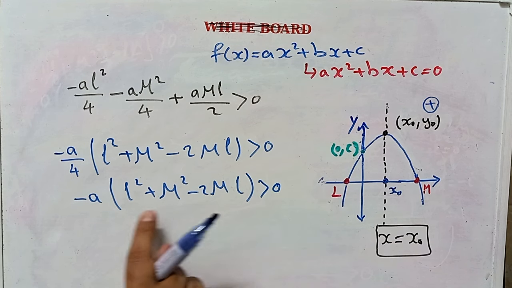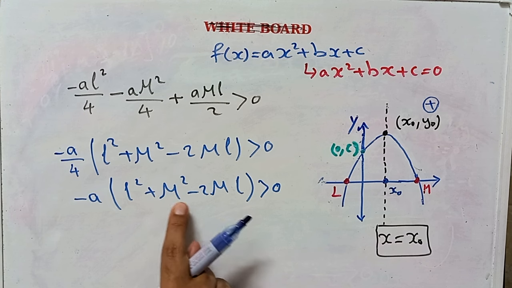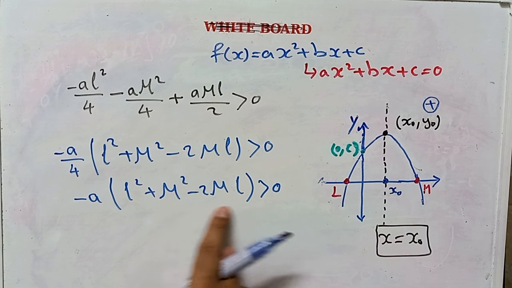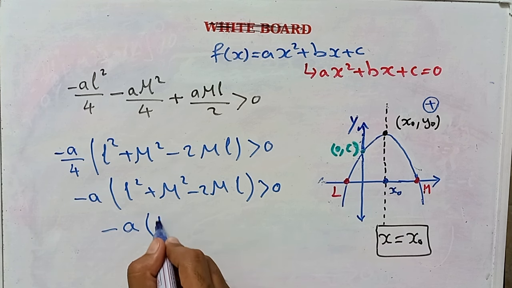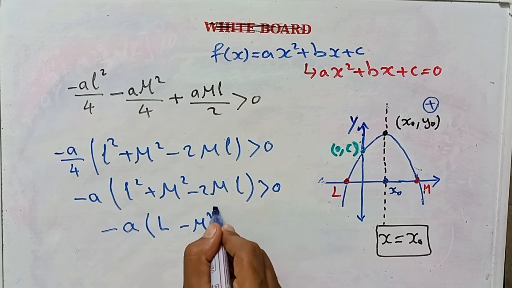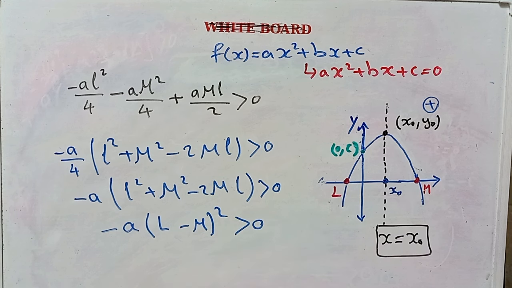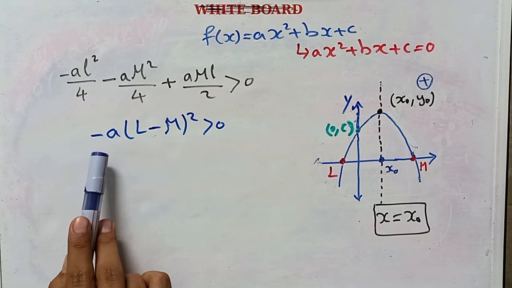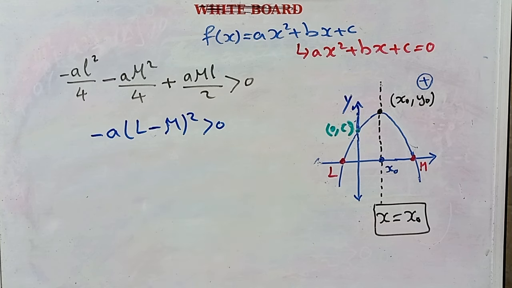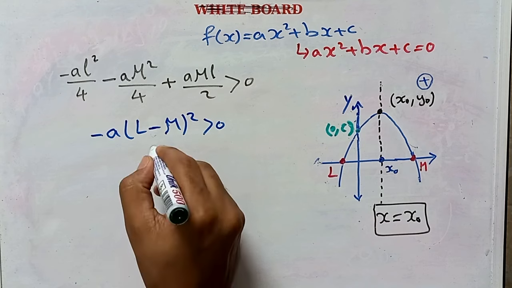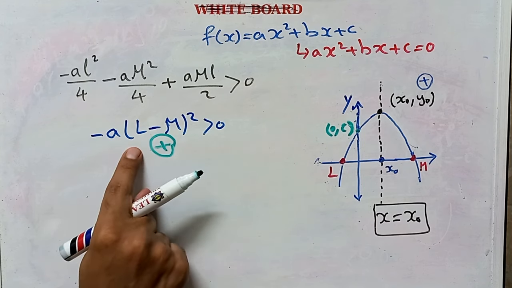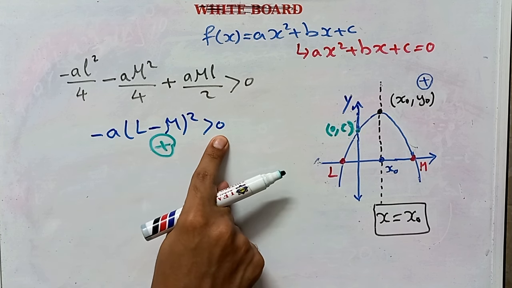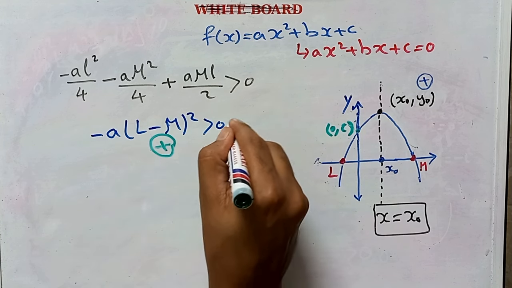And now you can see that L power 2 plus M power 2 minus 2ML form a square bracket. So you have negative A times (L minus M) all power 2 bigger than 0. So now we have negative A times a square bracket bigger than 0. And all of you know that the square bracket is always positive, and we have two quantities multiplied together whose answer is greater than 0, which is a positive value.